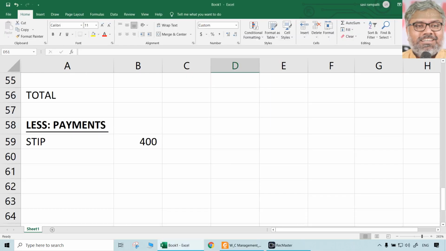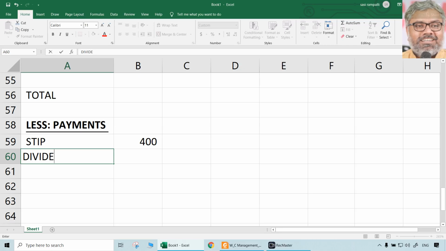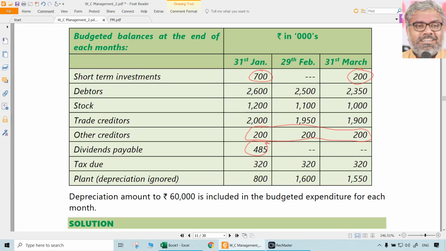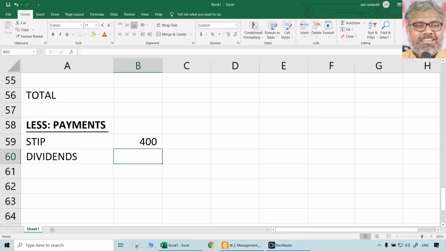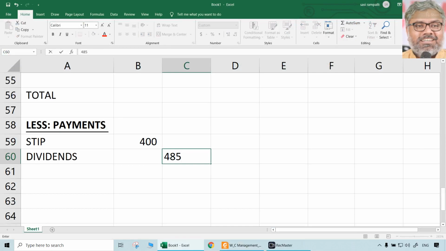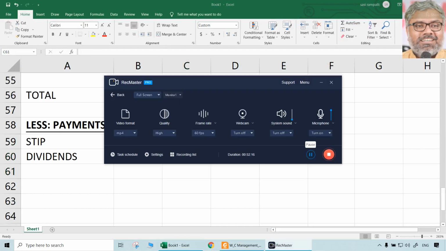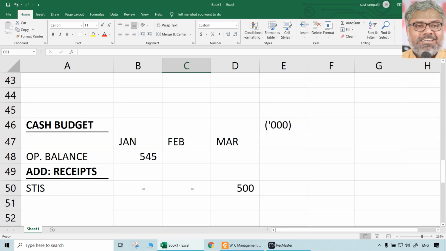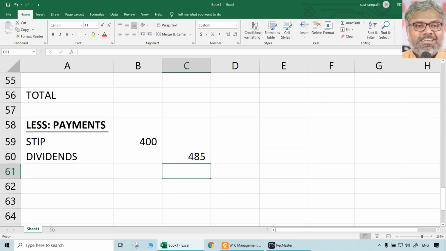So it is a payment: dividends paid. When is that? In the month of February it was paid, because even at the end of January 485 was still outstanding. So in the month of February, the payment is 485.